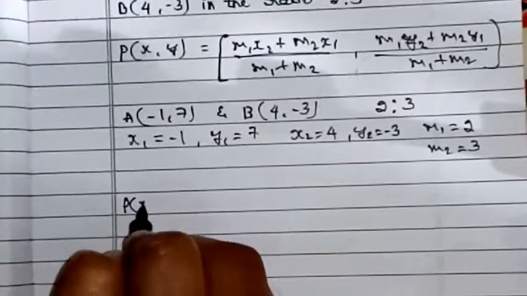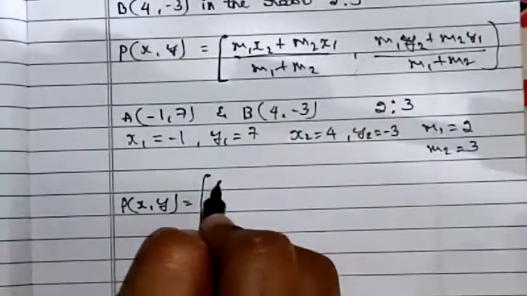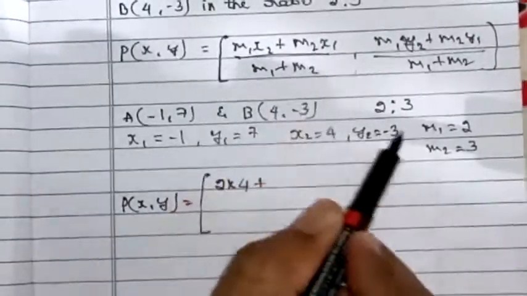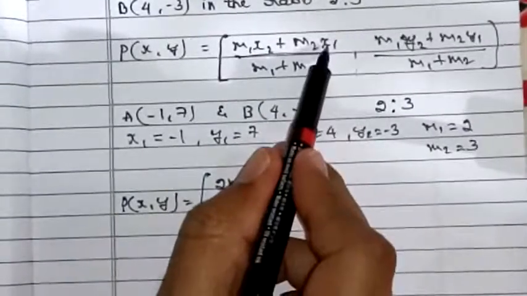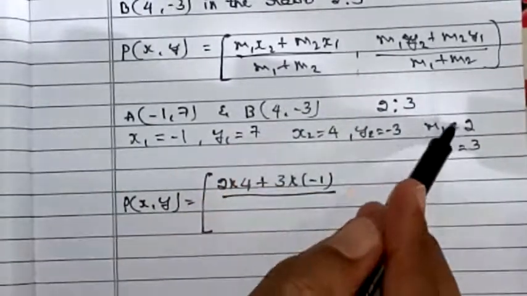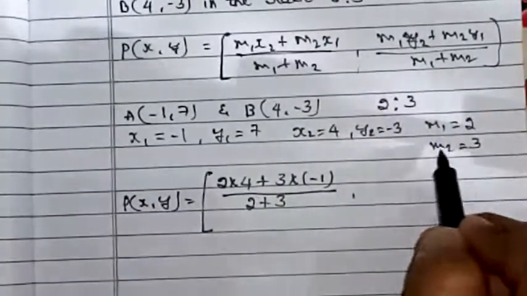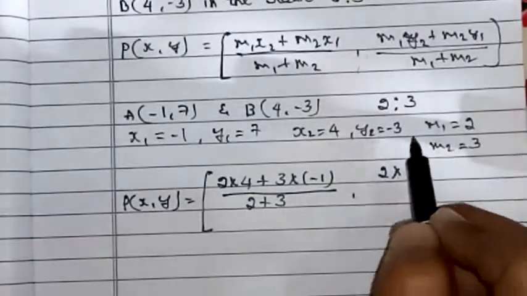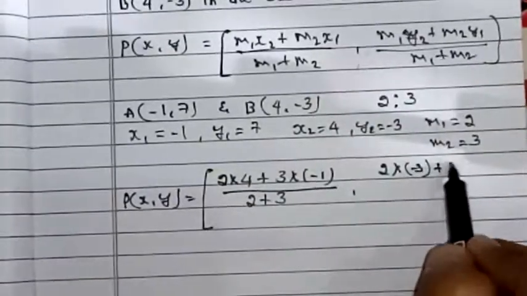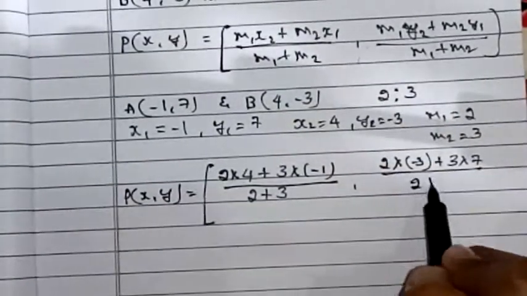So P(x, y) is equal to: m1 is 2 into x2 which is 4, plus m2 which is 3 into x1 which is -1, divided by m1 plus m2, that is 2 plus 3, comma, m1 which is 2 into y2 which is -3, plus m2 which is 3 into y1 which is 7, divided by m1 plus m2, that is 2 plus 3.